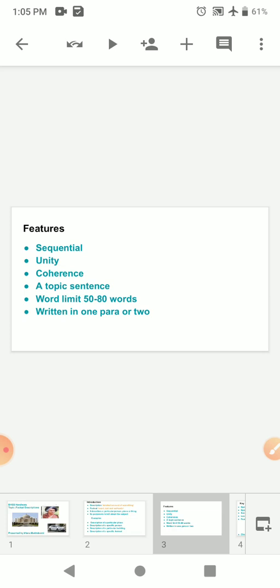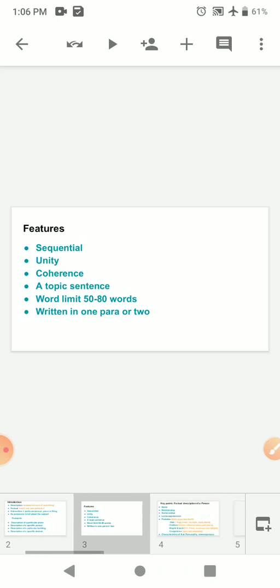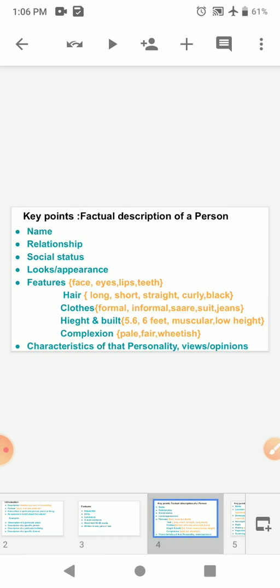Yes, there are some key points which you need to keep in mind while writing a factual description of a person, maybe of your grandfather or any sibling or brother, mother, father, or maybe of any great personality. So first of all you will mention his or her name, and then you will write the relationship you have with that person.